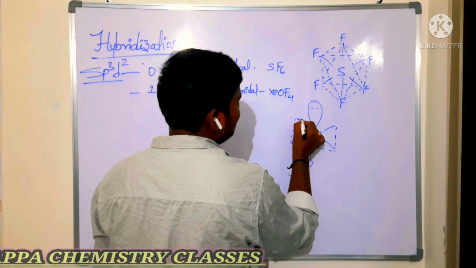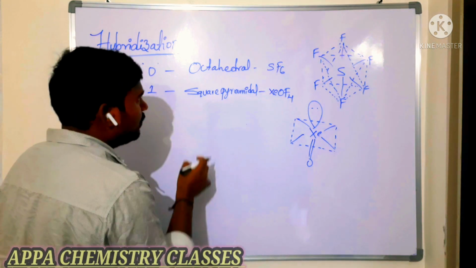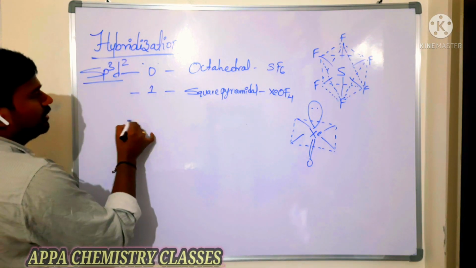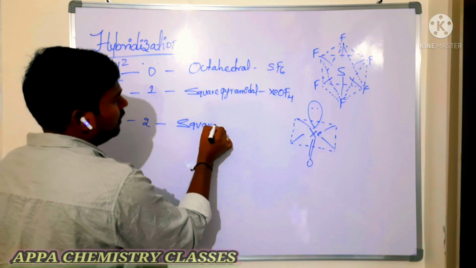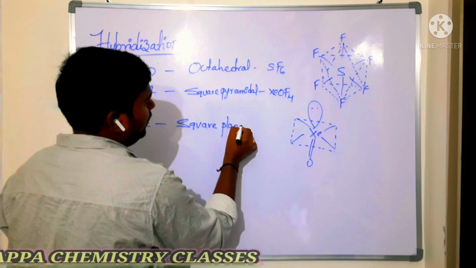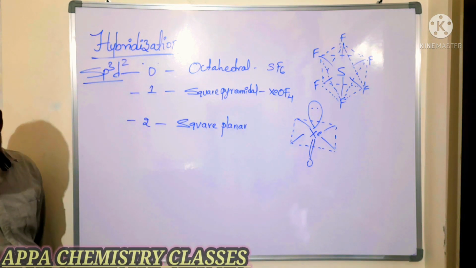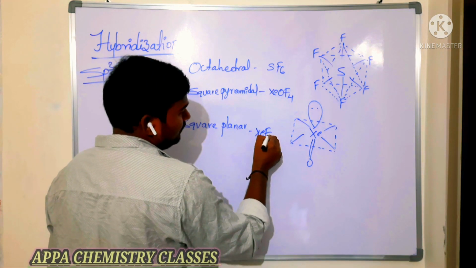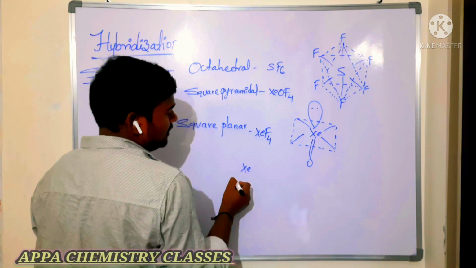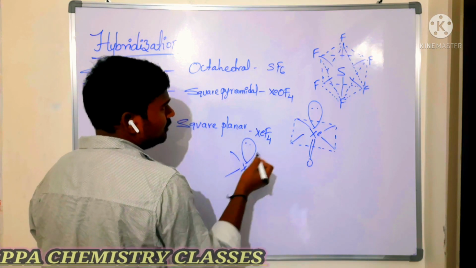So it is called square pyramidal, or distorted octahedral. If you have 2 lone pairs, it is said to be square planar. The example is XeF4, xenon tetrafluoride, where xenon has 2 lone pairs, perpendicular to the plane.